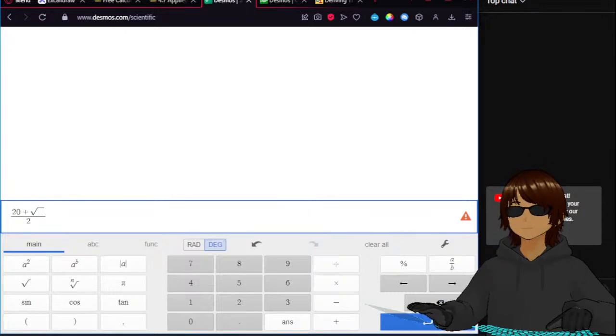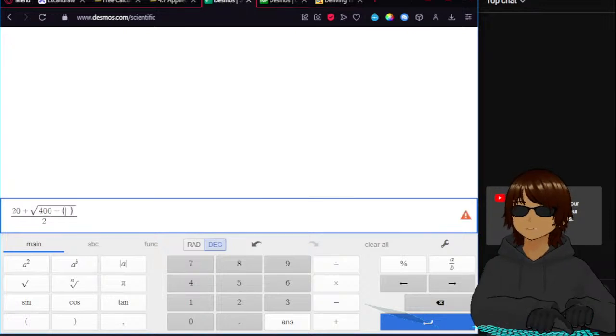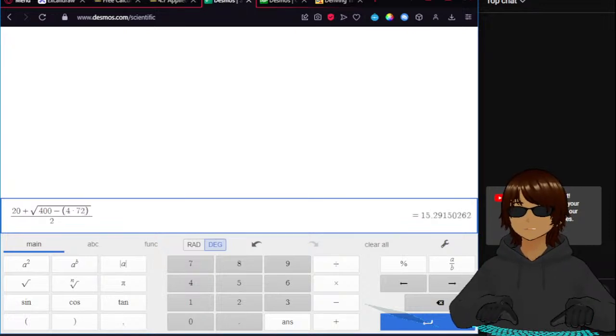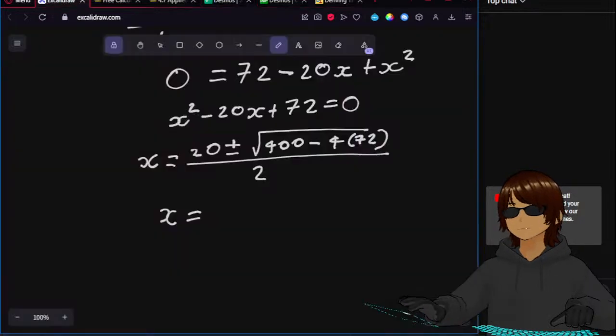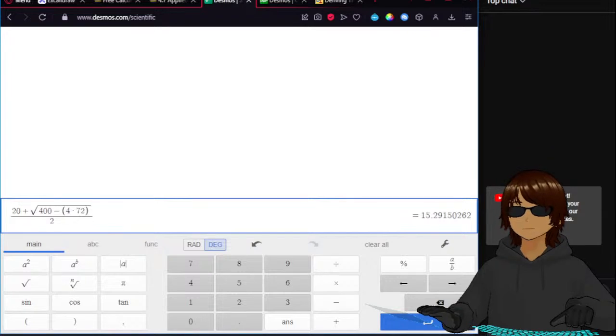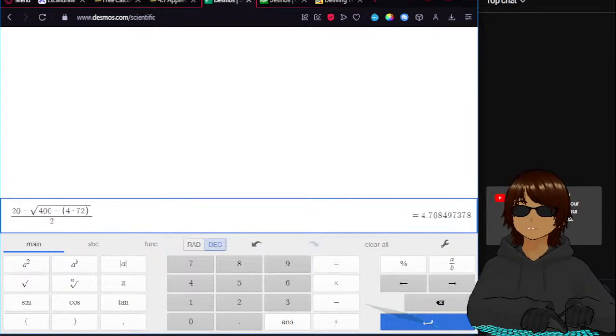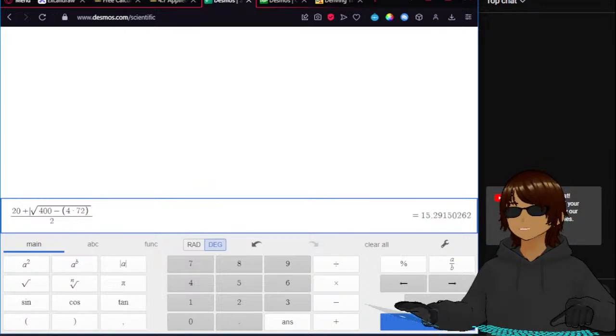Over 2a. 400 minus 4 times 72. What if I subtract it? In both cases, the derivative is 0, right?